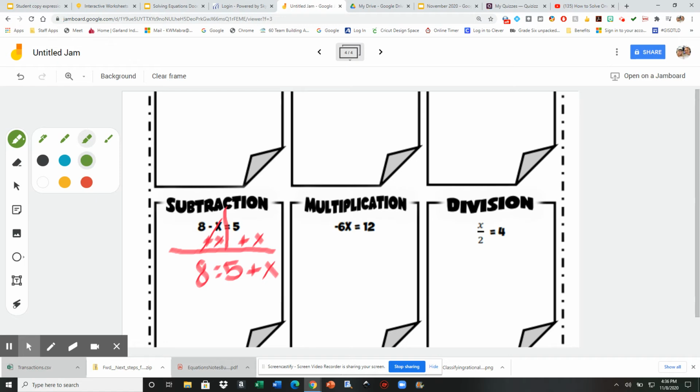The goal is to balance the equation. All right, so let's draw that line that we've got there. And right now, x is with plus 5. So how do I undo plus 5? I subtract 5. So I'm going to subtract 5 from both sides.